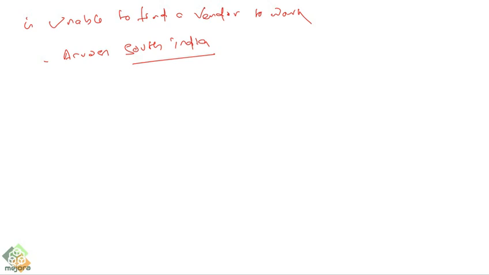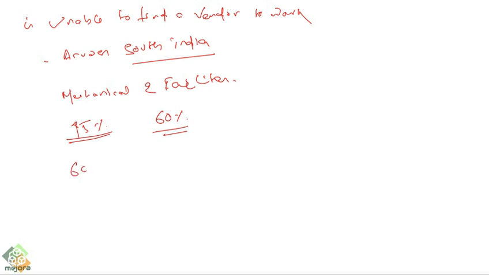South India, and mostly it is happening in mechanical and facilities. Let's take this sort of example. And this contributes to 45% of the total number of vendors and 60% of the work, and it does not happen with a notice of less than 60 days.